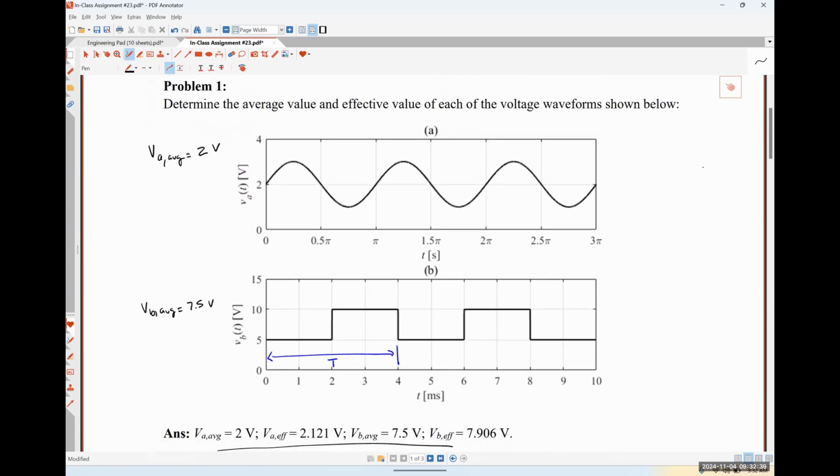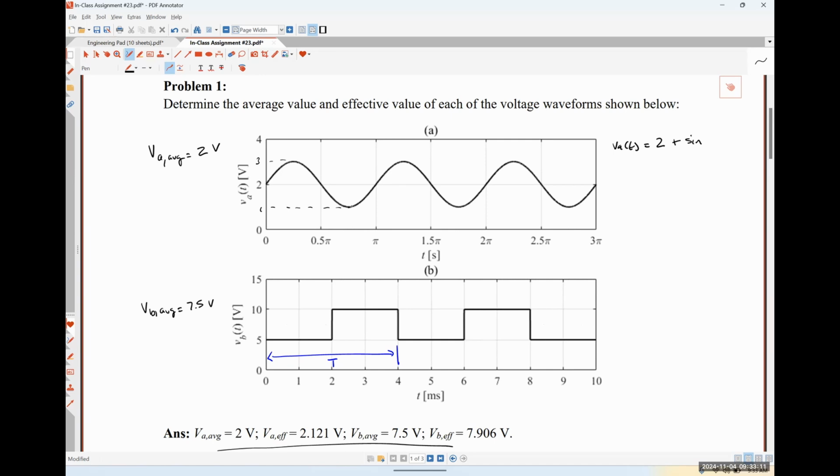If we were to mathematically describe this function here, VA of t, we can see that there is a 2-volt DC offset, and then what looks to be a sine function to me. So I'm going to put plus sine. Just to be clear here, that's 3, and that's 1.